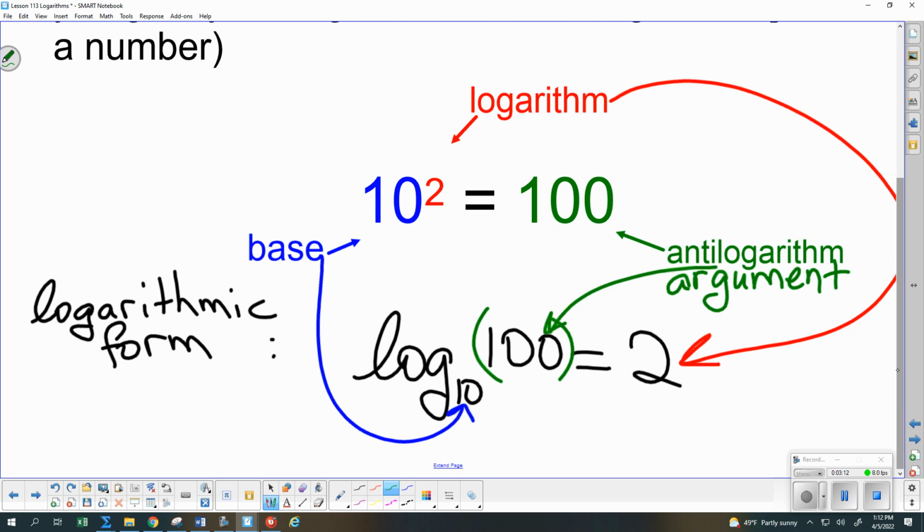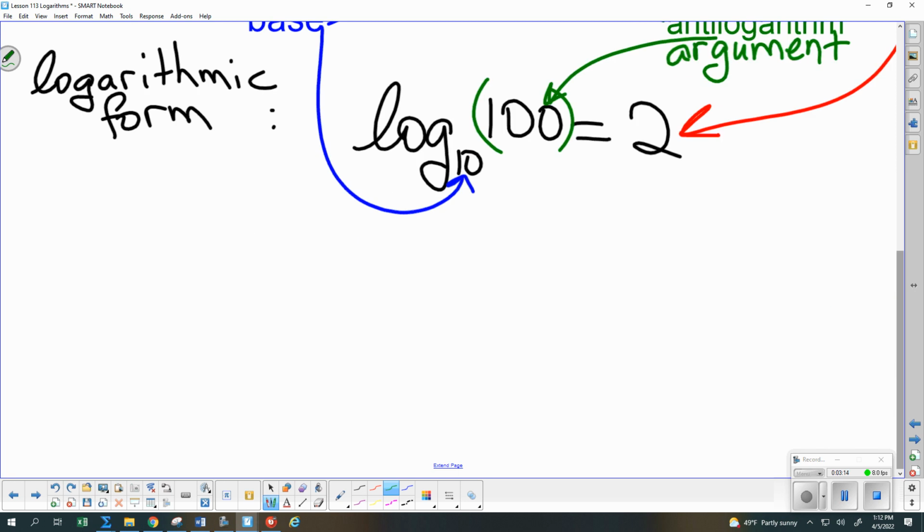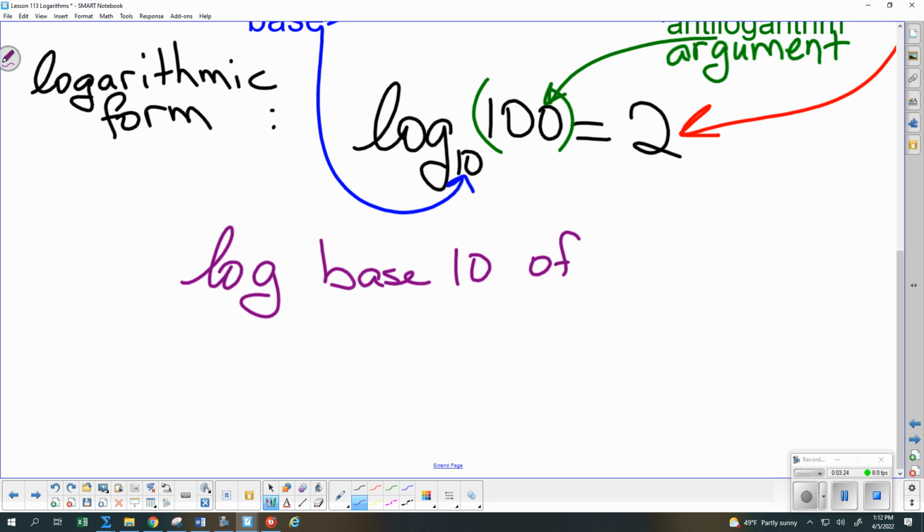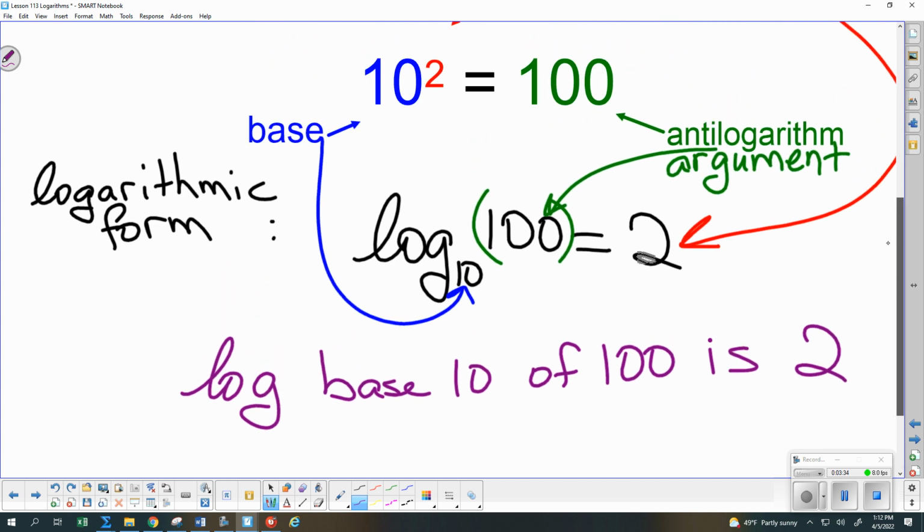And the correct way to read what I just wrote here is log, and then we say the word base 10, and we put in the word of, because it's our argument, 100 is 2 or equals 2. So any questions with that basic part right there?